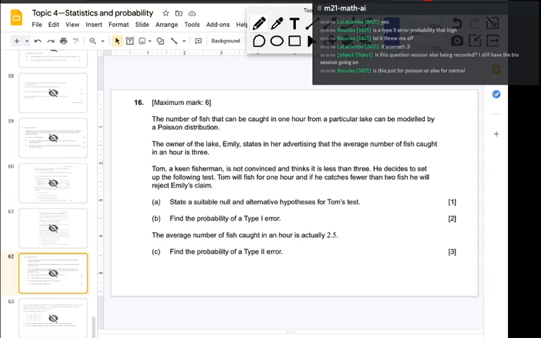This is just for Poisson. For a normal, oh okay, for the type 1, type 2 thingy. The cat emoji is tripping me off.